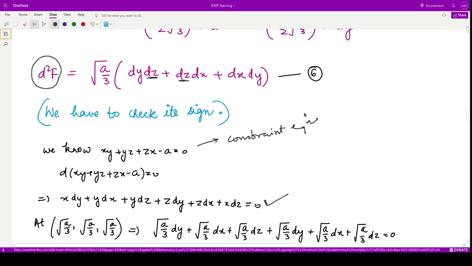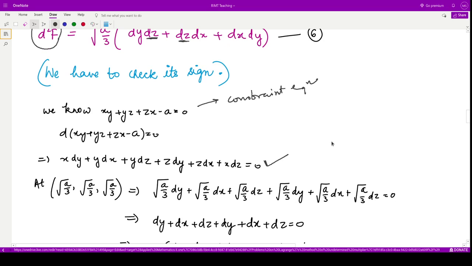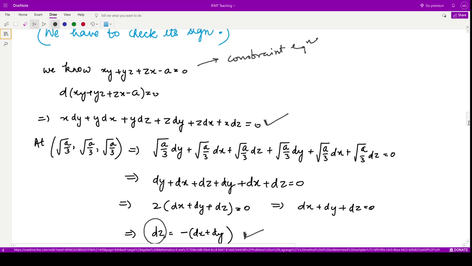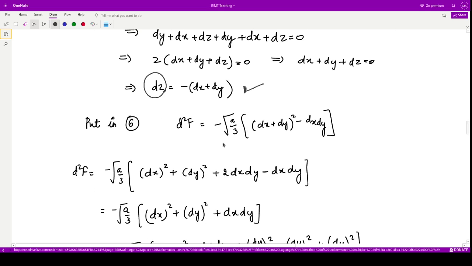Once you substitute the value, the next task is to simplify that expression so that we have squares of the given terms. Once you substitute the value, you have this quantity.